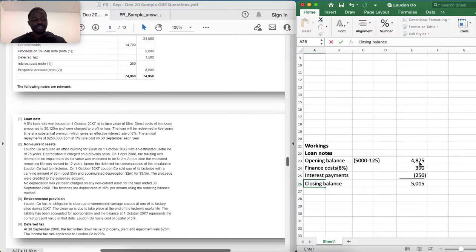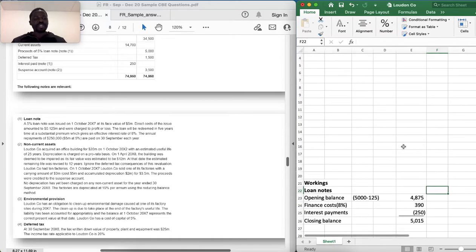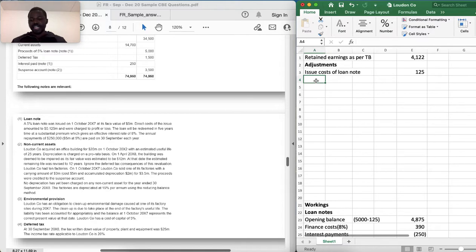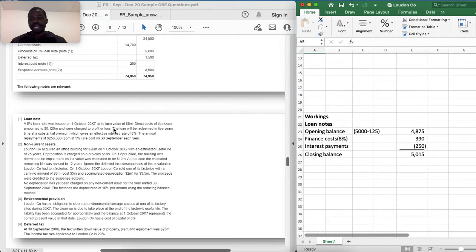This closing balance will be transferred to the statement of financial position, but at the present moment we wanted the finance cost to adjust our profit here. So we'll say finance costs of loan notes. So we take that and reduce our profit by the finance cost. We are done with note number 1. Now let's go to note number 2.